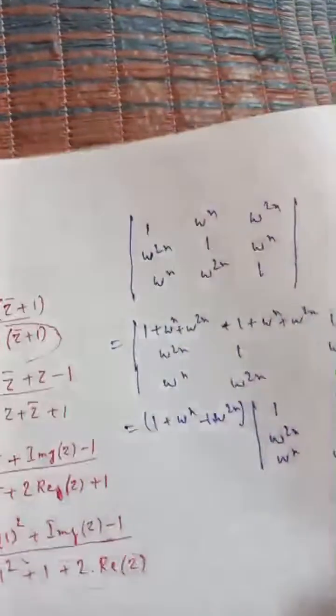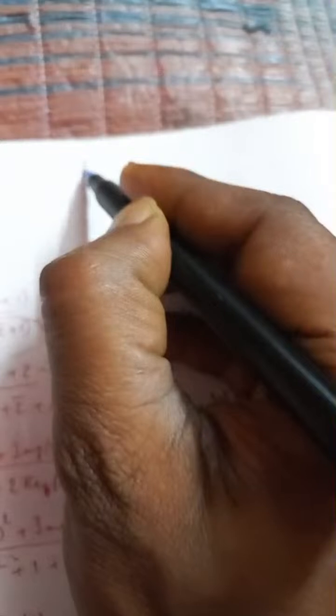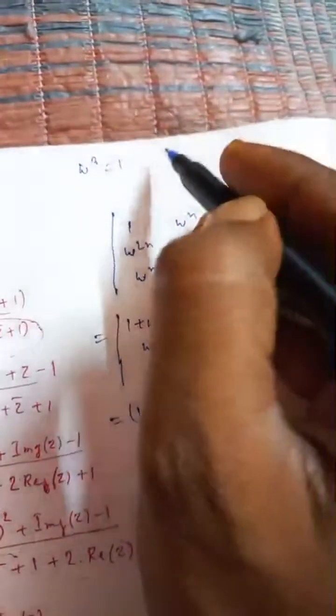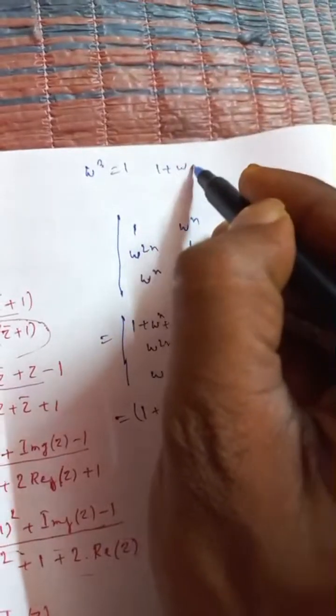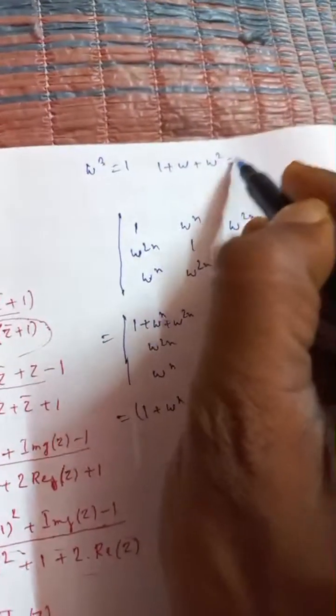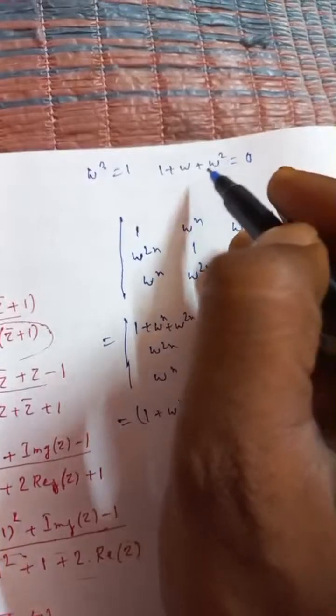So we know that omega cube is equal to 1 and 1 plus omega plus omega square is equal to 0.